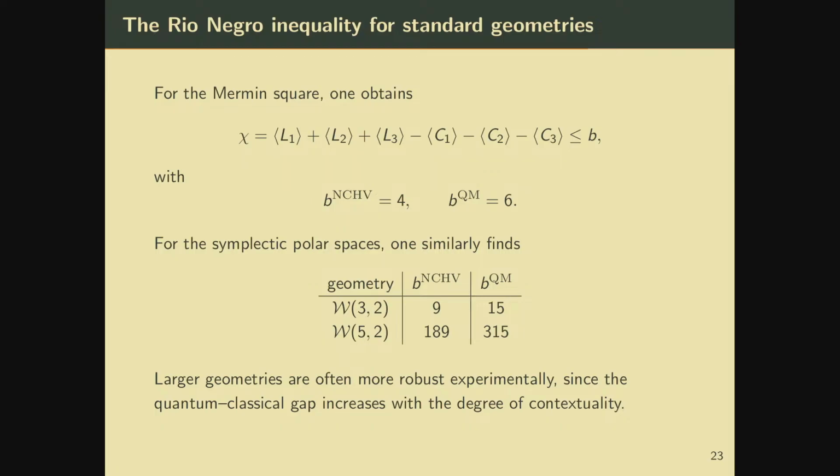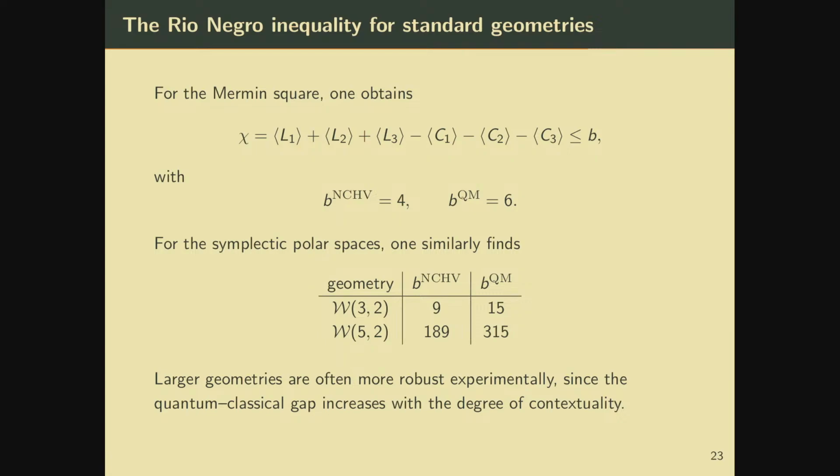So if you look at the Mermin square, the Rio inequality tells you that if you measure the 6 different contexts involved, corresponding to the 3 lines and the 3 columns, and you assume that we are in a world designed by some non-contextual hidden variable model, this quantity will be bounded by 4. But if you suppose that you are in a world governed by quantum mechanics, this quantity will be bounded by 6. And if you know how to do this measurement, then you can check where we live.